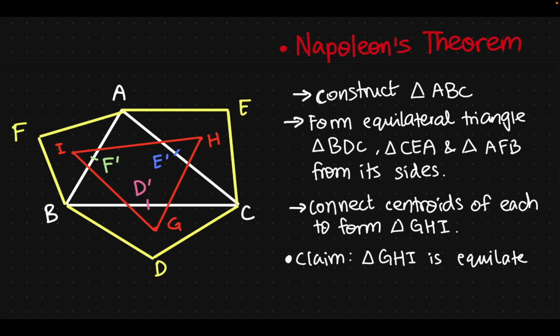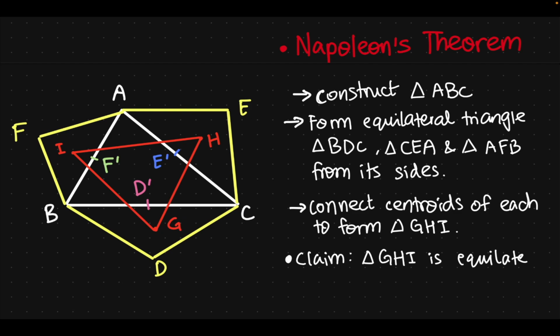Okay, so let me start with the construction first, because this is a theorem in geometry, so we need to really know what geometric shape or line segments or loci we're actually considering. And the construction is kind of simple. We construct an arbitrary triangle ABC, which is here, and we form equilateral triangles from all the sides of the triangle.